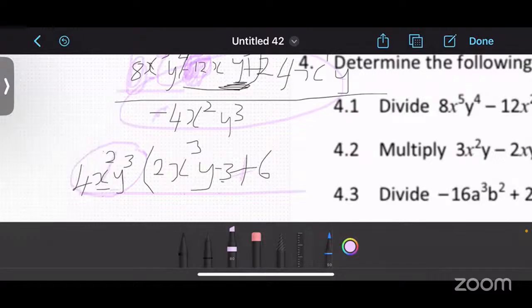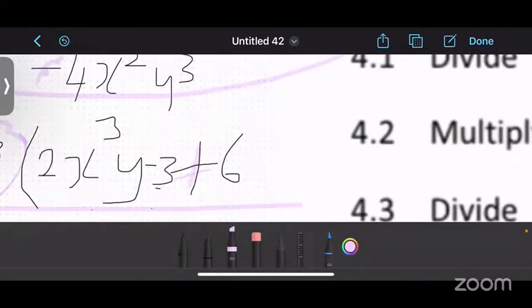You must multiply x to the power of 2 with x to the power of 2. You add the exponents. Perfect, Manahil.